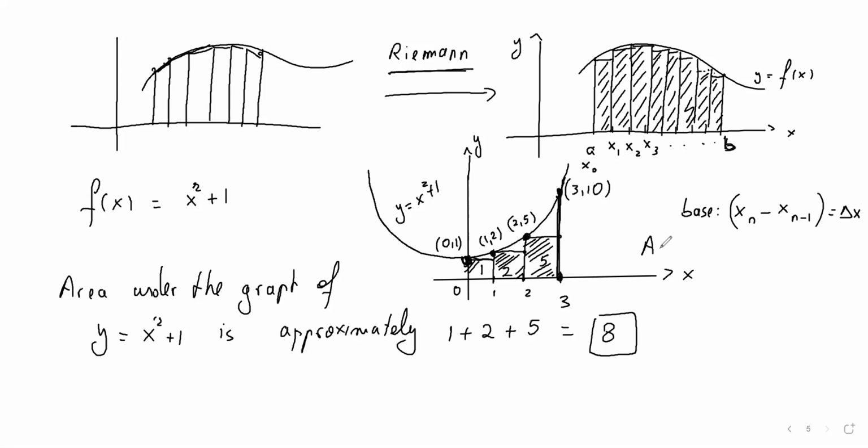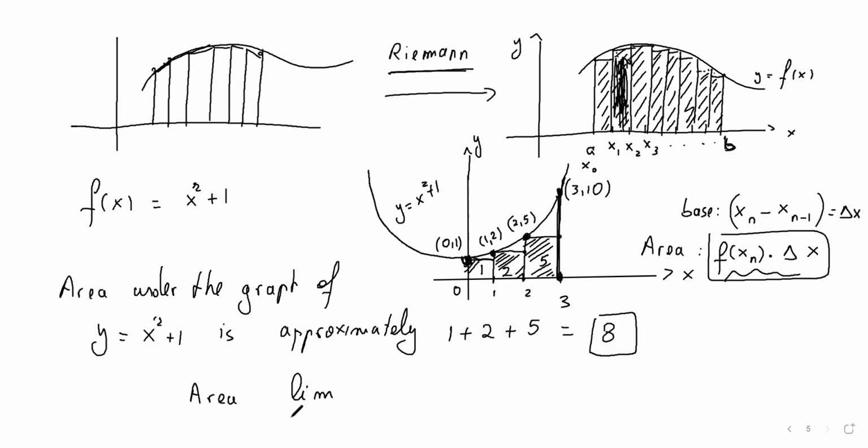And the area of a subdivision rectangle, something like this here, would be some value of f at one of the corners, so let's say at x sub n, times delta x. So that will be the area of a rectangle. And then what we calculate when we approximate the area of a function is a limit as this number n goes to infinity.